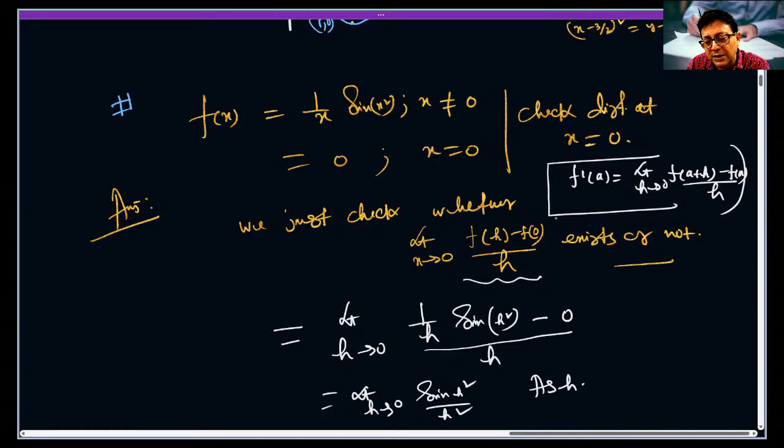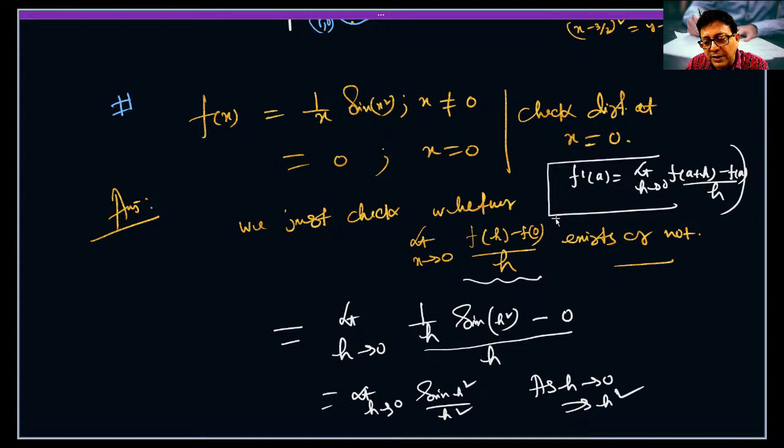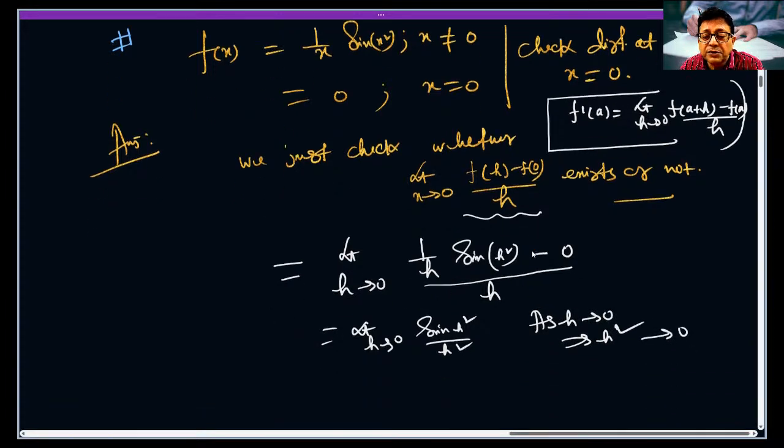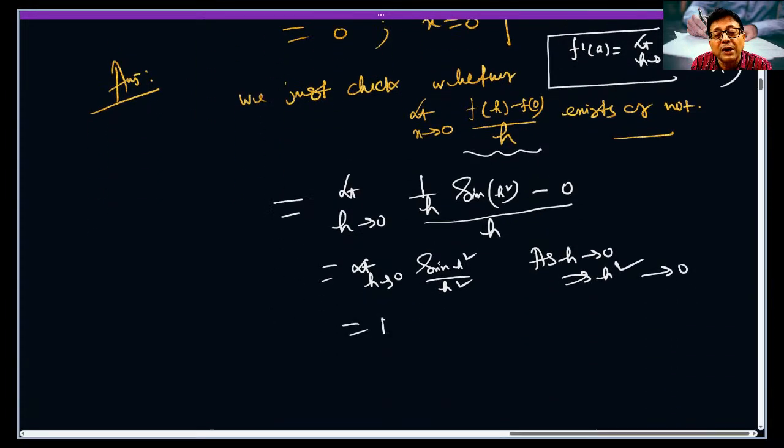Now as h tending to 0 implies h square tending to 0, so this is going to be 1. It's a finite quantity. So the derivative of the function exists and the value of derivative of the function is equal to 1. Slope of tangent is equal to 1.